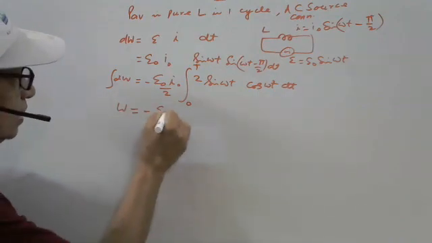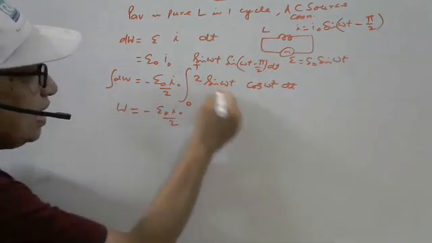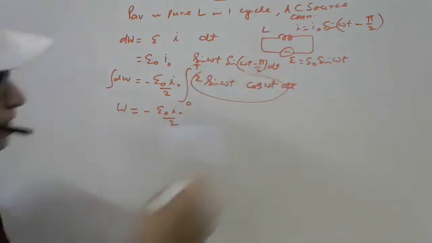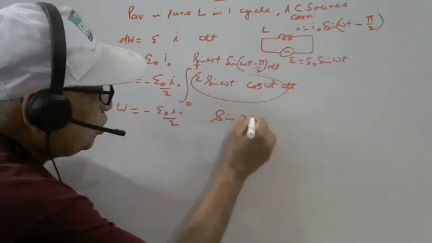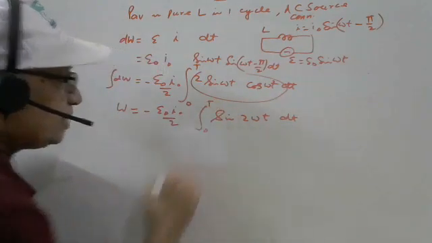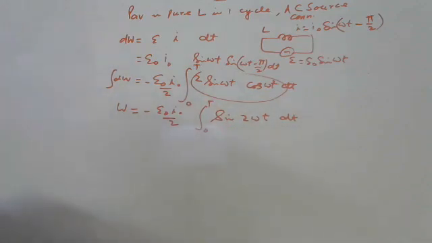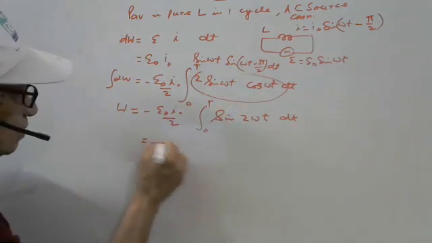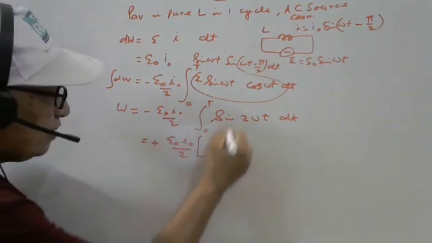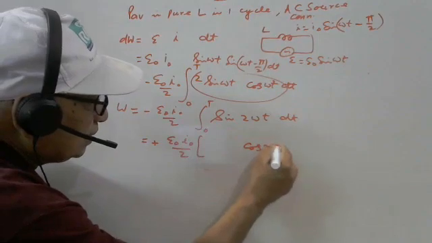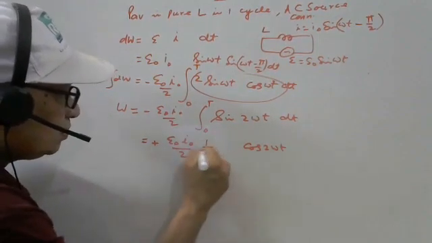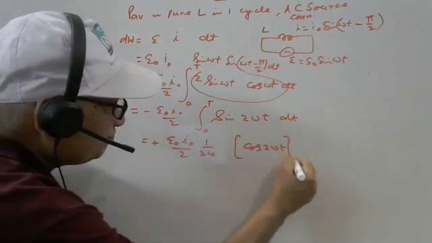E naught I naught upon 2, and it can be written by half angle formula as sin 2 omega t dt, integrating from 0 to t. Now integration of sin is minus cos, so we can write here minus, and this one will be cos 2 omega t, and it is 1 by 2 omega by substitution method.